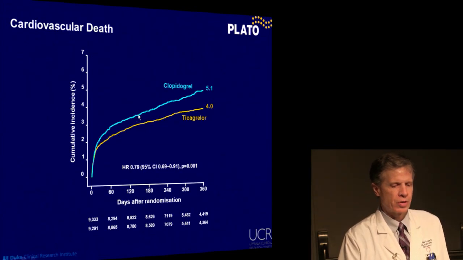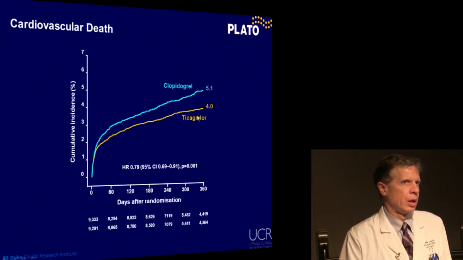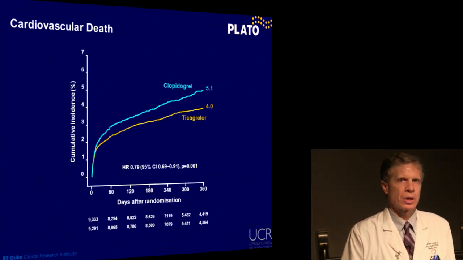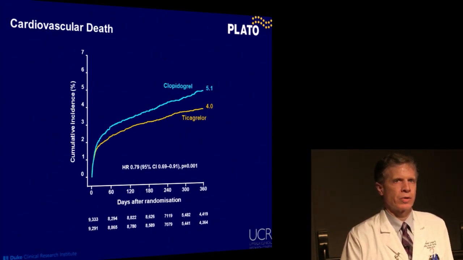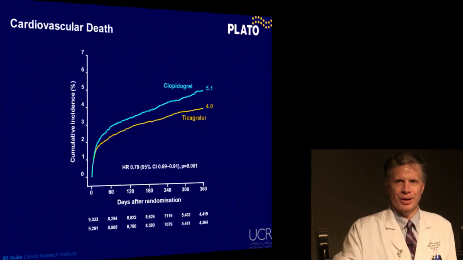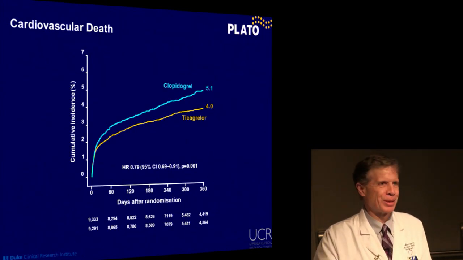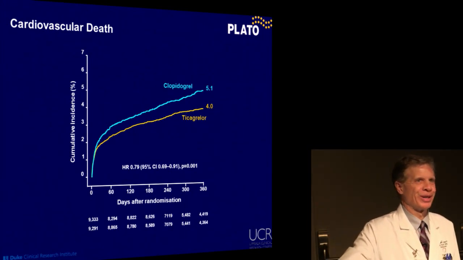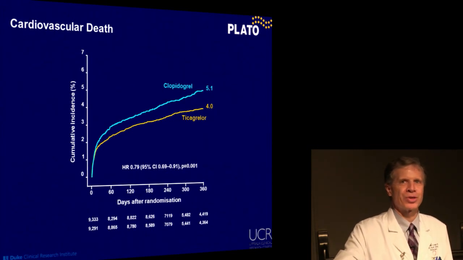And the pattern of this curve, and Magnus will get back to this, is interesting in that there's an early separation, but then the curves appear to continue to separate over time. And the mechanism for this is interesting. It looks different than the other P2Y12 antagonists, this pattern, although I don't know, Magnus, maybe you'll get back to this, maybe not totally different, seeing a late separation in curves.